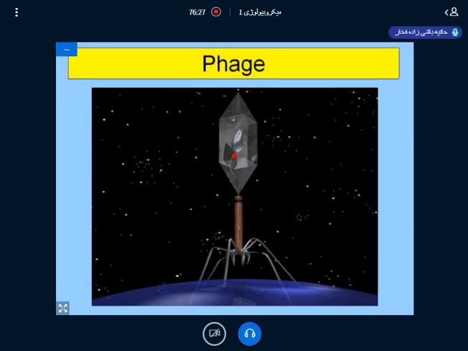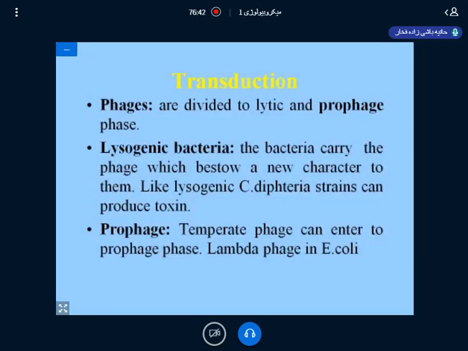Their functions are different. Please look here. Fatima, your question is good. Lysogenic means the phage can be lysed.